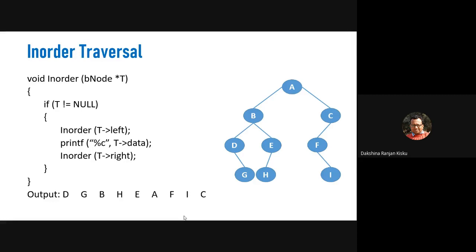The immediate left node of H is B. The immediate right node of H is E. So the in-order predecessor of node H will be B, and the in-order successor of node H will be E.